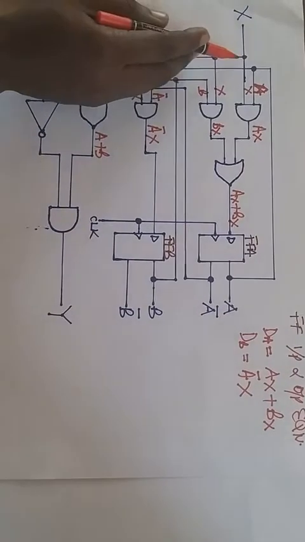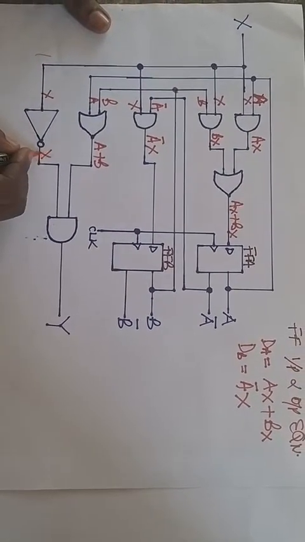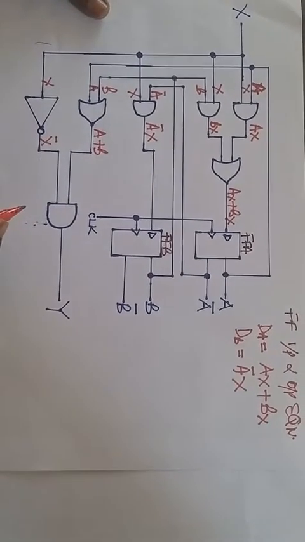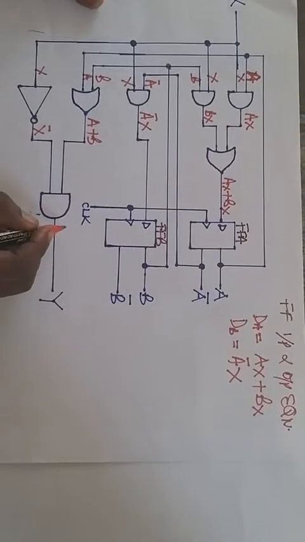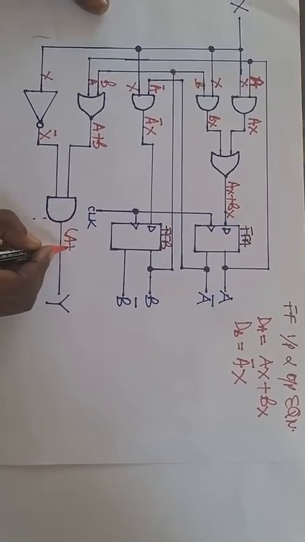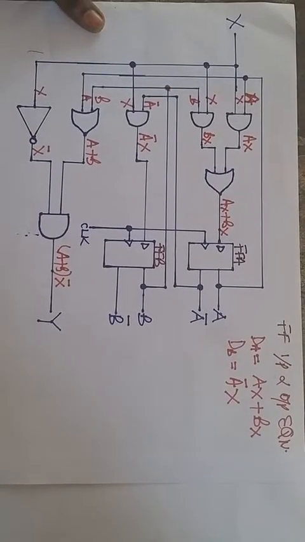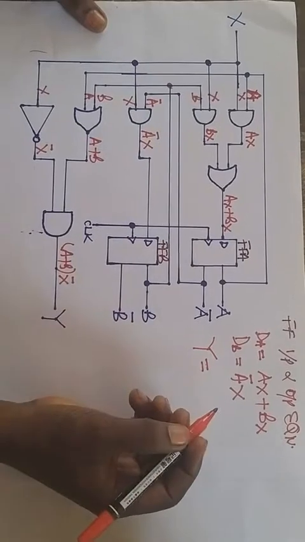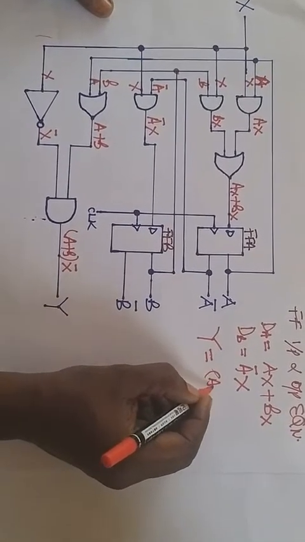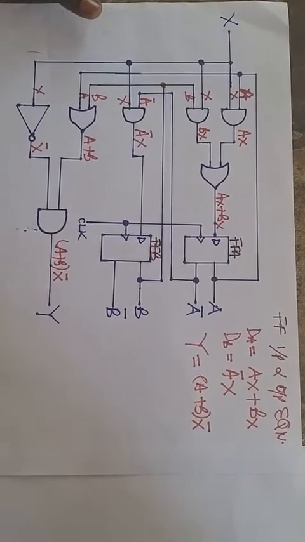So we trace it to X, so here will be X bar. Now the two pass through an AND gate. So it's going to be A plus B multiplied by X bar. So we have our Y, which is equal to (A plus B) X bar.